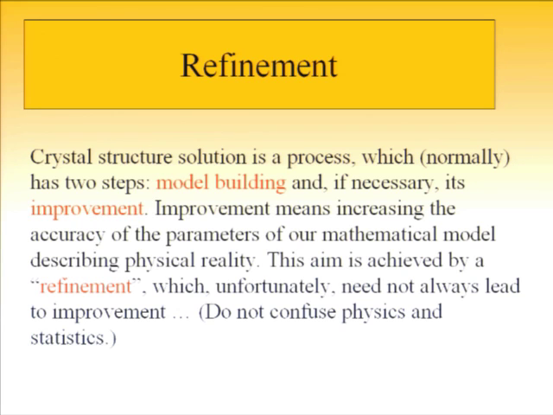Take care, those things are different, although they are many, many times confused. And unfortunately, even if we call it a refinement, this procedure probably does not know about it, because sometimes it simply leads to something which one really hesitates to call an improvement. So the moral here is, please do not confuse physics and statistics while running any refinement, not only the structure refinement.